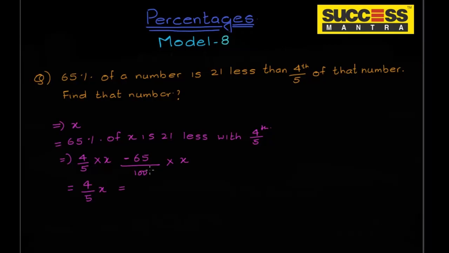By solving it, 5 2s are 10, and 5 taken 13 times gives 65. So this becomes minus 13 by 20x. Going forward, the equation becomes 4 by 5x minus 13 by 20x equals 21.